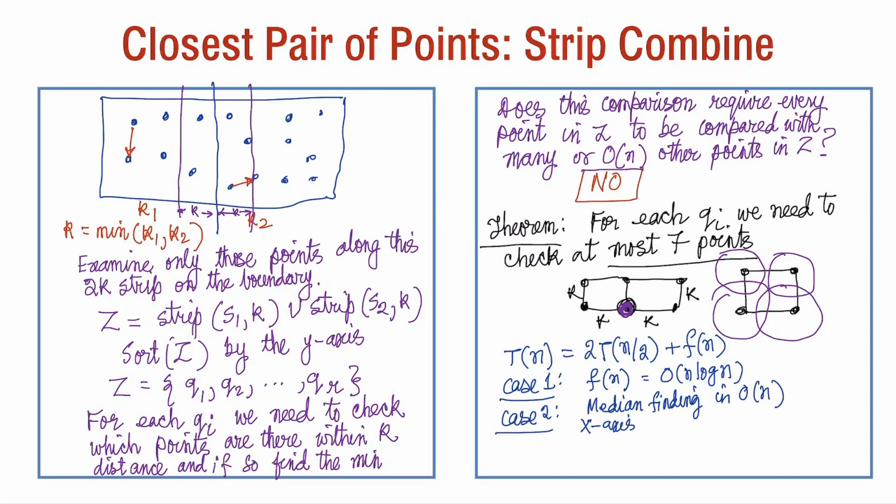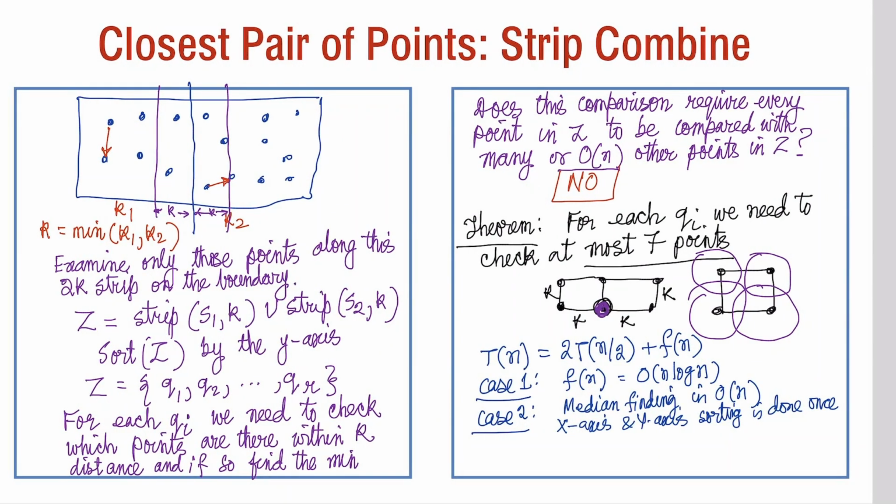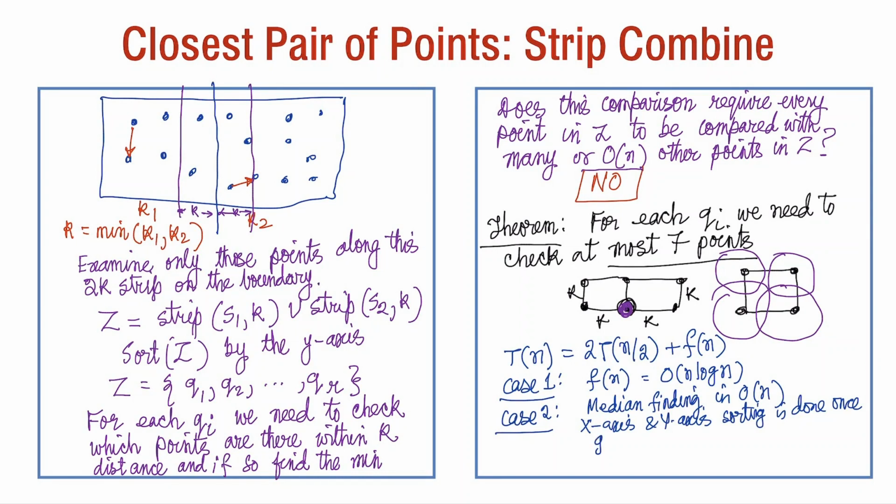but this x-axis sorting and y-axis sorting is done once globally. If it is done once globally and reused at every recursive call, then all the sorting is done in order n time, and then this comparison, which was requiring only now 7 points, everything is in order n time.